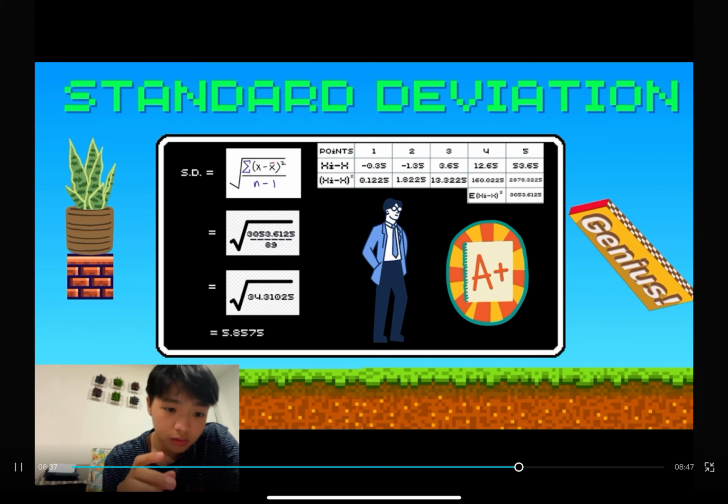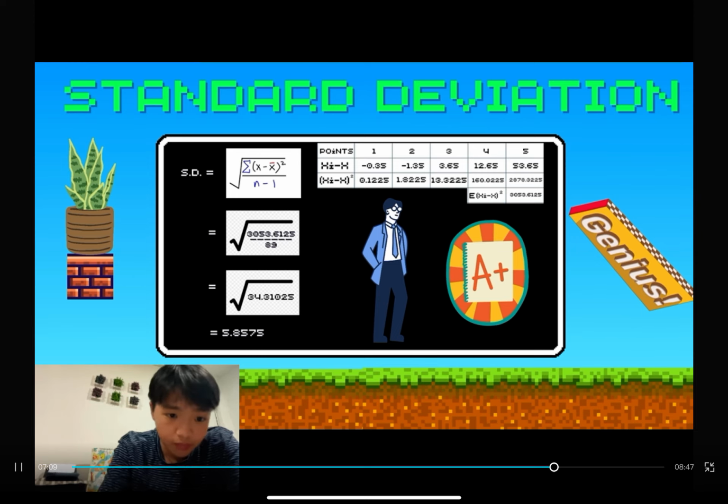And then you square all the values, and then you sum them. So the sigma of (x minus mean) squared is 3083.6125. And the formula for SD is root of sigma (x minus mean) squared divided by n minus 1.